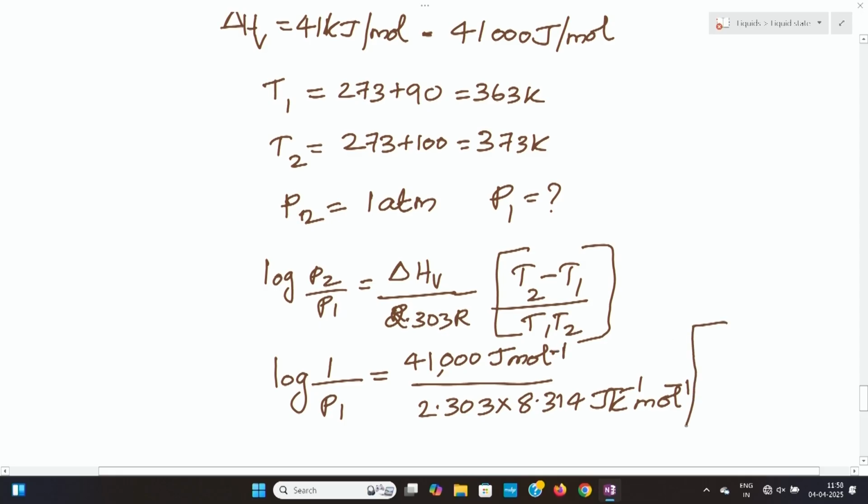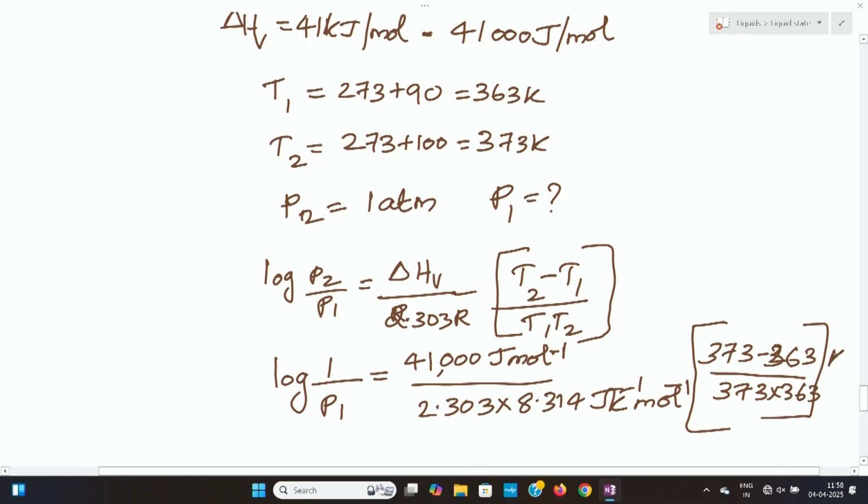Then here we have the two temperatures, that is 373 minus 363 divided by 373 into 363. Okay, we have to calculate this.